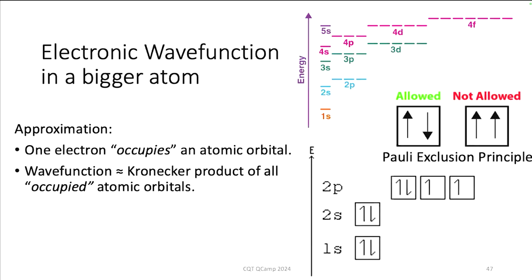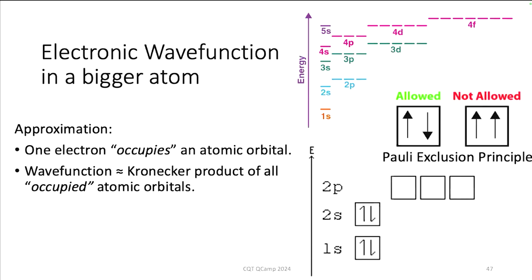So, for example, let's say you have a two-electron system in the atom. I'm just going to look at this one, 1s, 1s, and then all the other orbitals are empty.